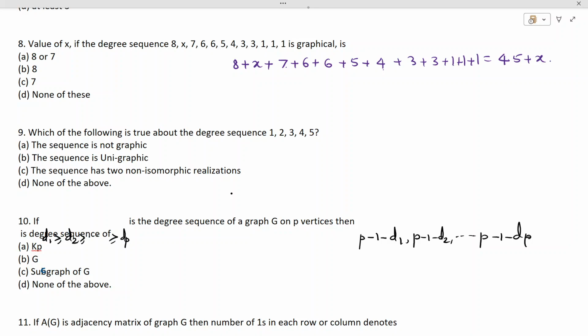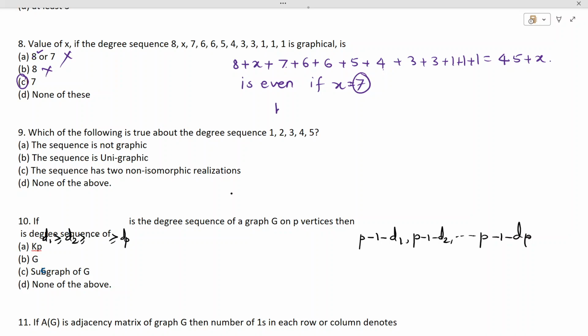So 45 plus x is even if x is odd. If x is 8, then this is an odd number. They have given 8 or 7, but it is not true for 8. Similarly, B is an incorrect option and C is the correct option. X is equal to 7.